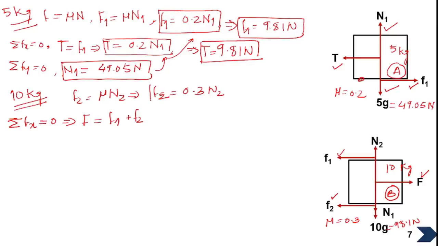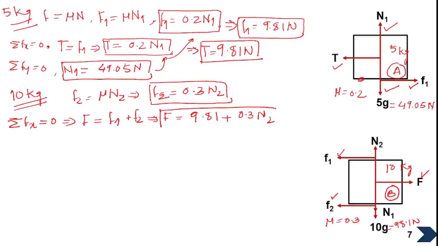We can have this equation for now. So this equation can be written as F equals 9.81 plus 0.3 N2. We can have this for now.